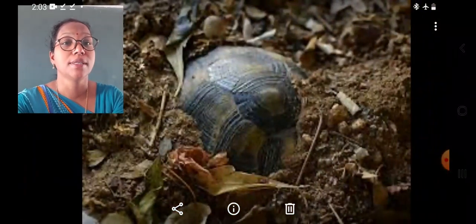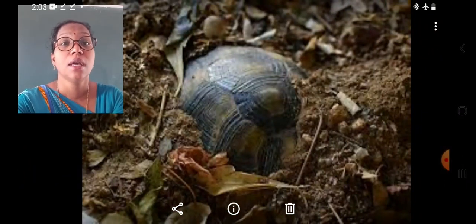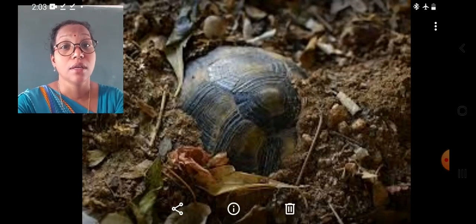The tortoise, here you can see the tortoise dig the ground. It covers itself. It will resemble a small rock, but it is the shell of a tortoise. It hides in this hole dug by it and sleeps in the summer season.